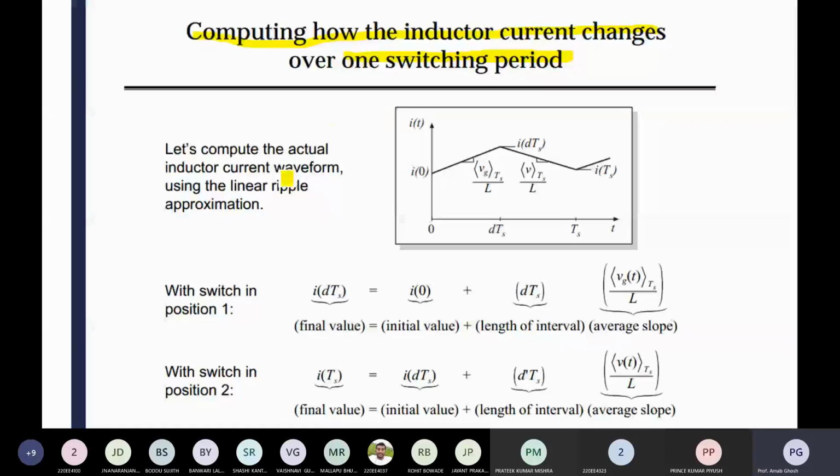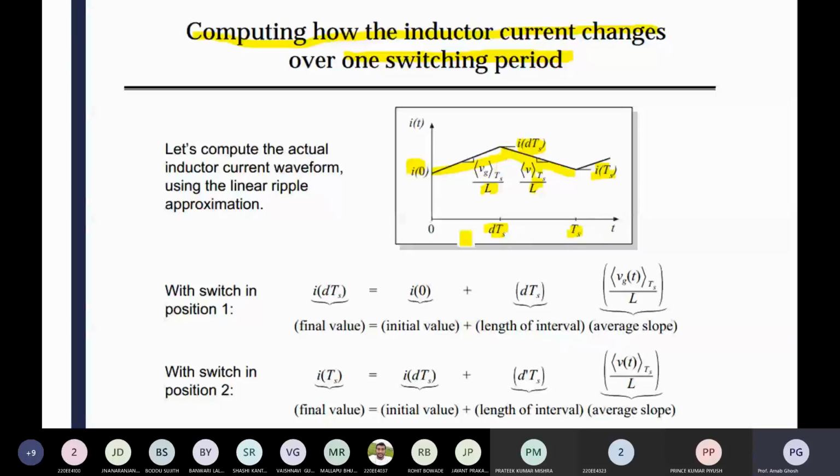So I0 is there, i(Ts) is there, and i(DTs). This instant is for the on period, and this for the off period, with Vg Ts by L and so on. Finally we can check from 0 to DTs, the on time, then up to the off time.